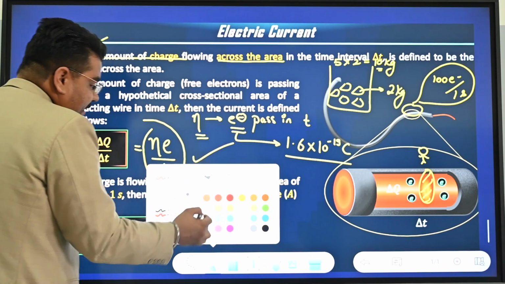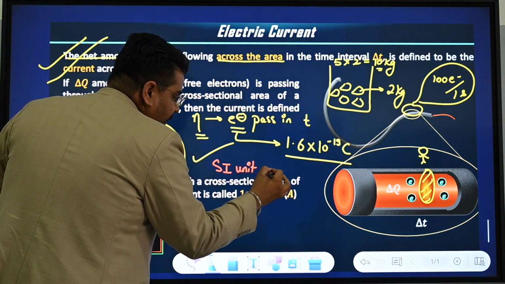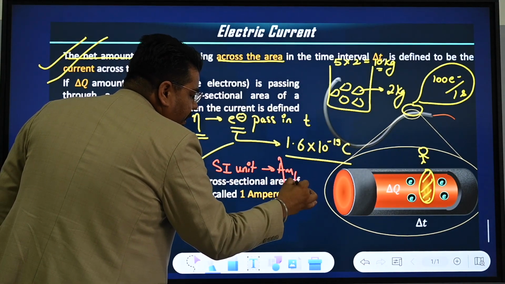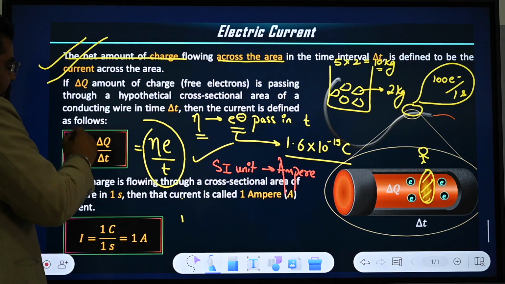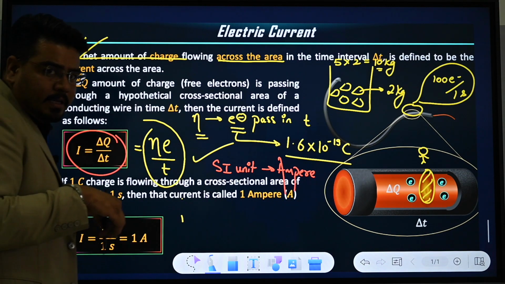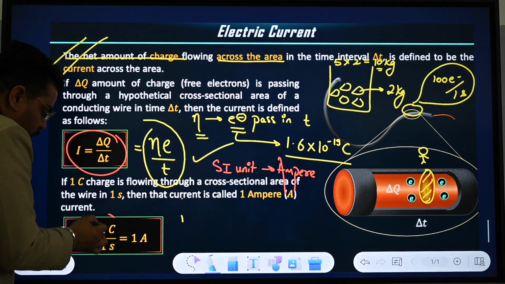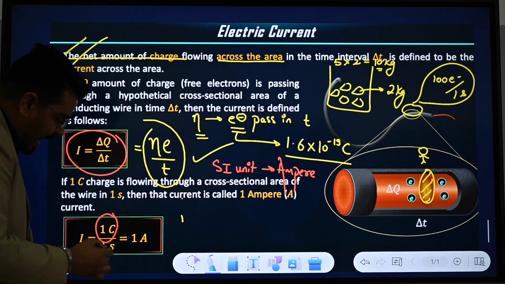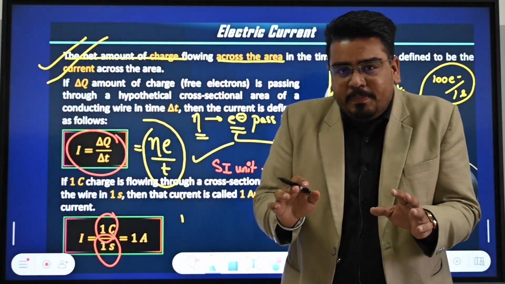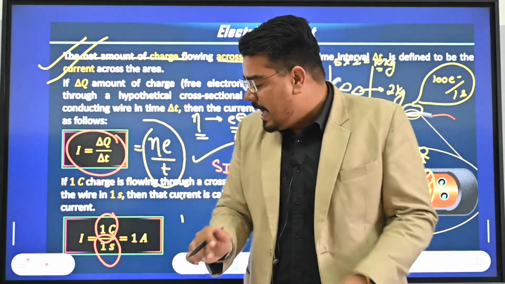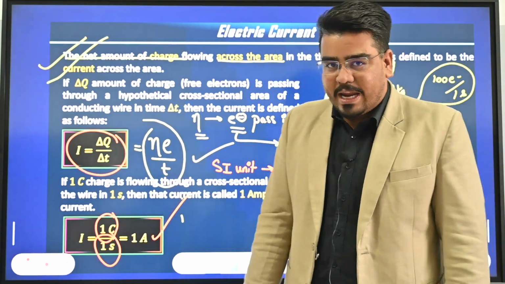So remember students, the SI unit of current is nothing but ampere. Now sir, how can we define ampere? See, the definition of ampere will also come from the definition of current that you learned. If I go one by one, you have to understand that if the total charge is 1 coulomb and the total time is 1 second, if you put the values in the formula, you will realize that I will be equal to 1 ampere.